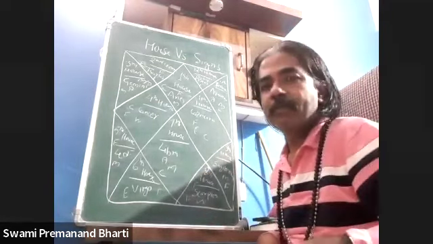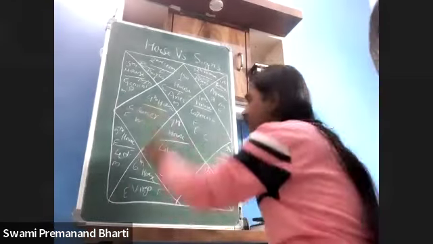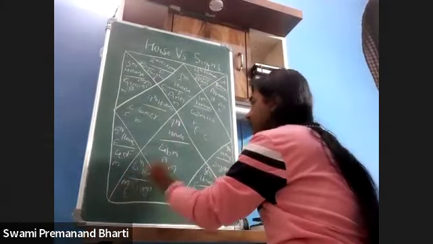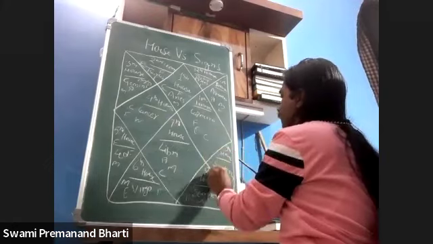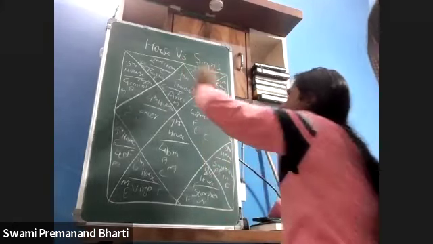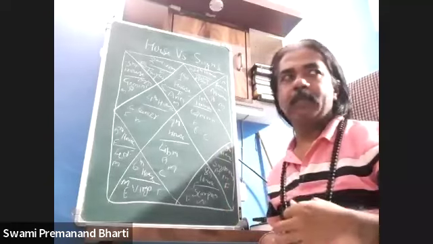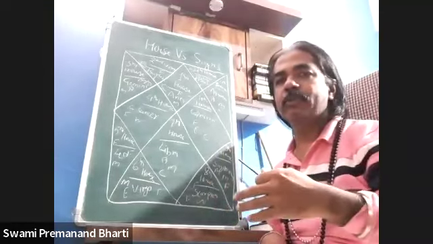What it means is, these mutable signs, Gemini, Virgo, Sagittarius and Pisces, are very flexible in nature. They can adjust in any situation.